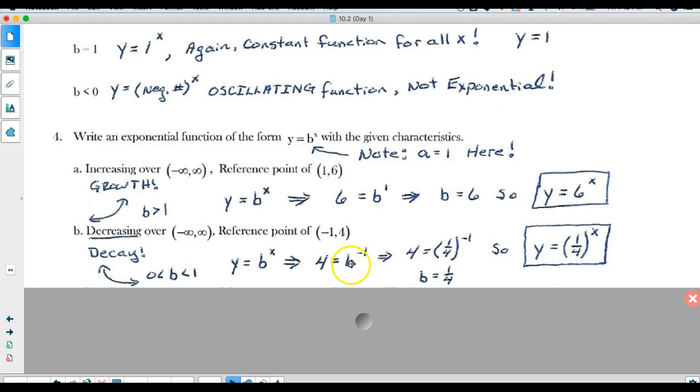And remember, b raised to the negative 1 power, well, that's like 1 over b to the first power. I could multiply both sides times b and then divide by 4, or think, well, if I take the reciprocal of 1/4 to the negative 1 power, oh, that's what 4 is. That's why b would have to be 1/4. So this would be y equals (1/4) to the x. If it's a decay function, b has to be between 0 and 1.